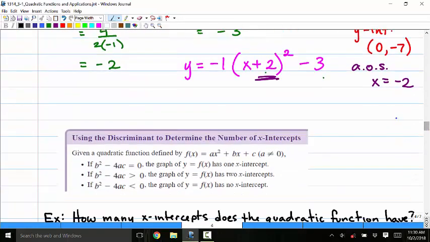Negative 2, negative 3. My vertex is here. My y-intercept was 0, negative 7. So my y-intercept is here. You told me it opened down.